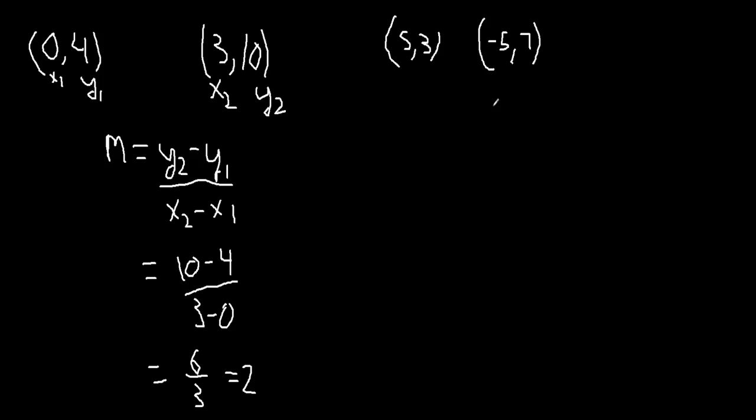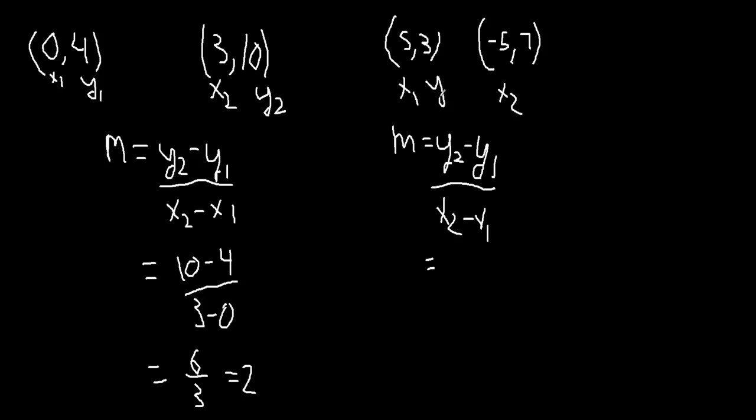So those are the 2 points, and we're going to use our formula m equals y2 minus y1 over x2 minus x1. So that means we have our x coordinates, which is x1 here and x2 here, and we have y1 here and y2 here.